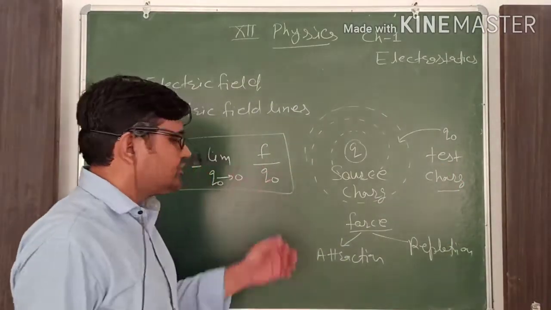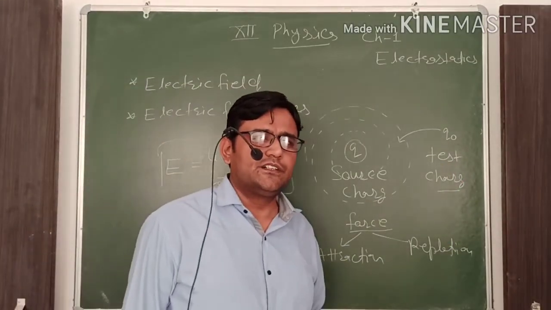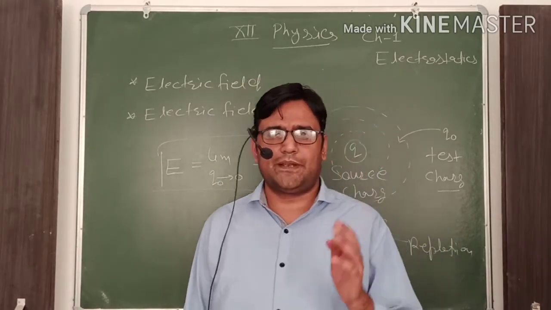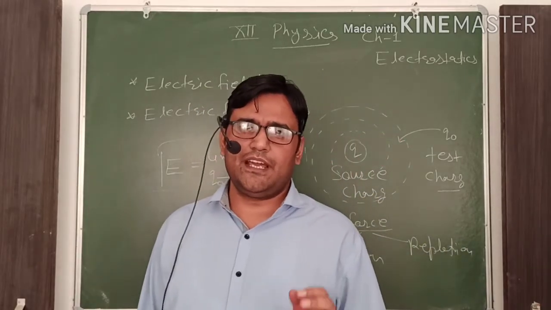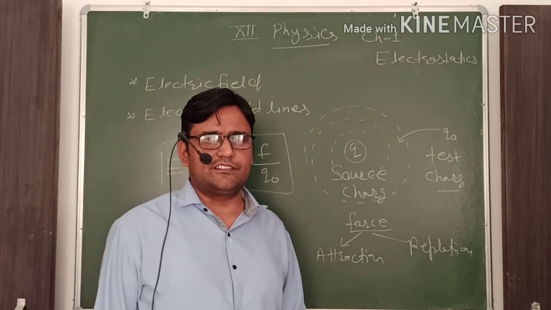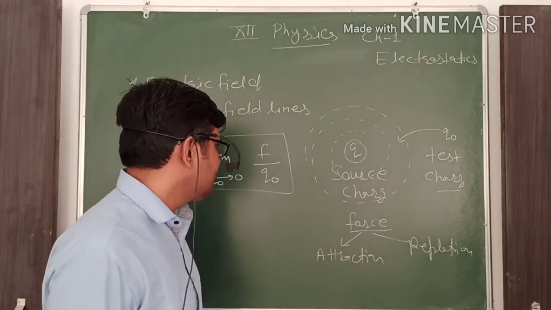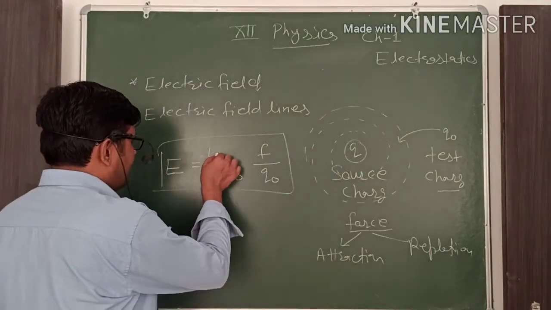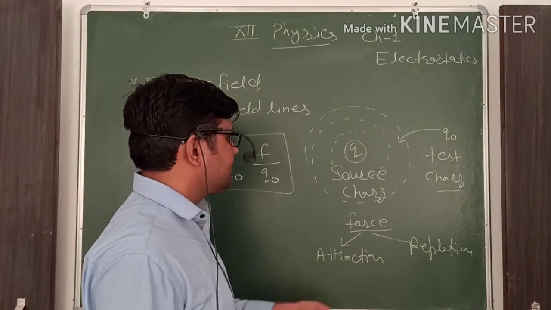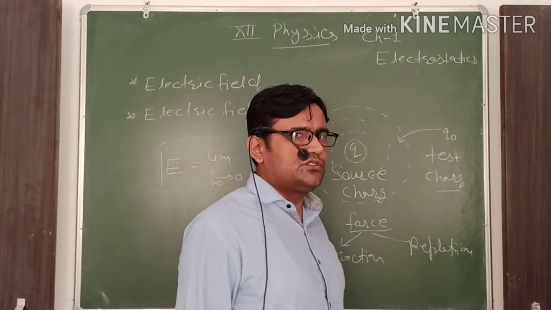This force is calculated with the help of Coulomb's law and divided by the test charge, and we get the electric field or electric field intensity for that particular charge. Why do we make Q naught tend to 0?